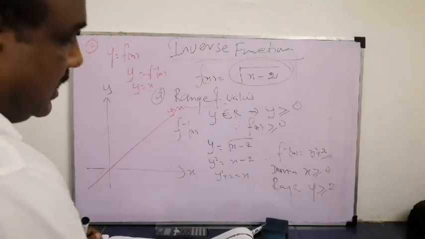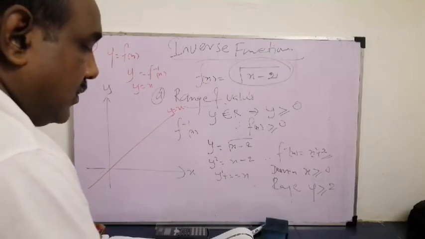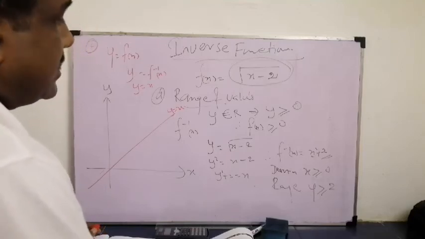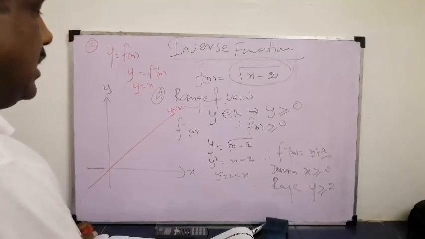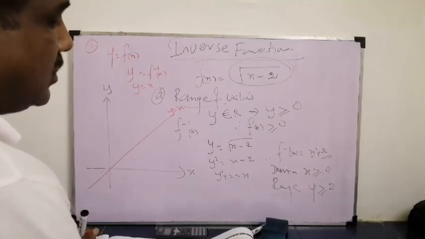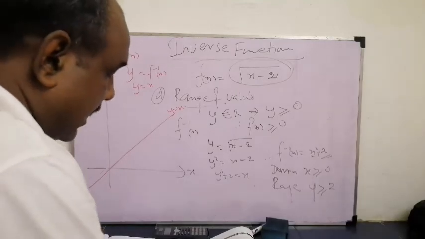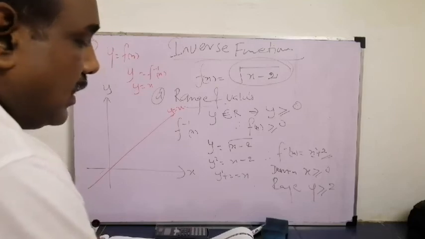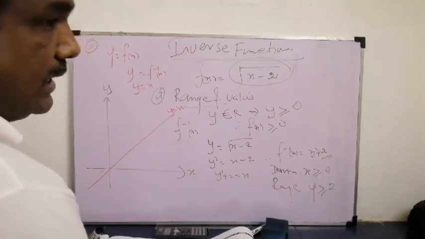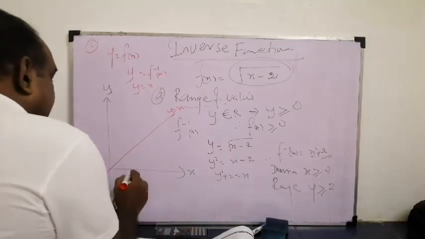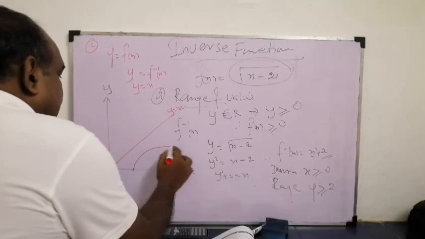When x is 0, the function gives real values, so y is 0 and above. When y is 0, x is equal to 2. So it comes like this.